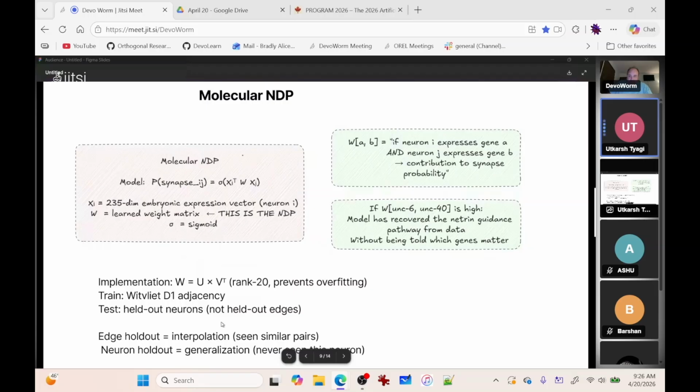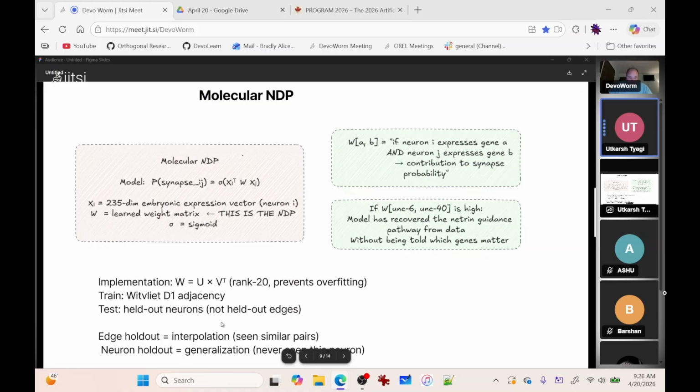So I will just quickly repeat. The probability of a synapse between neuron I and neuron J equals the sigmoid of transpose of xi times W times xj, where x is the expression vector and W is the learned matrix. And W in my case here is also the NDP, since each entry WAB asks if neuron I expresses gene A and neuron J expresses gene B, and how much does this contribute to the probability that they would connect in future.